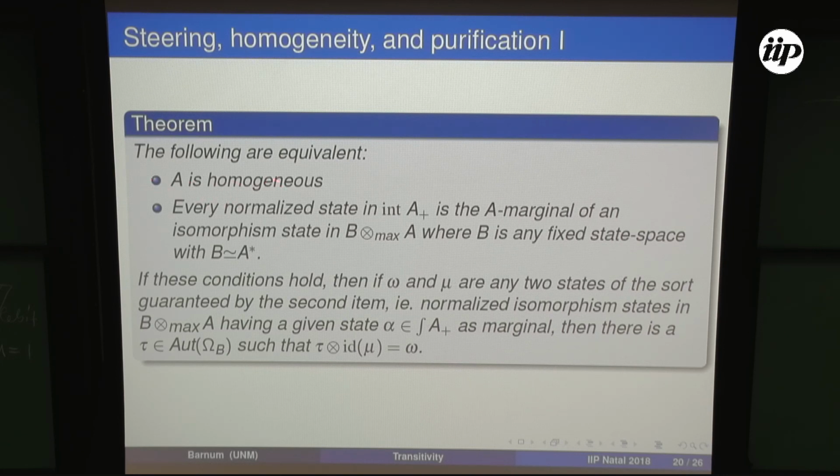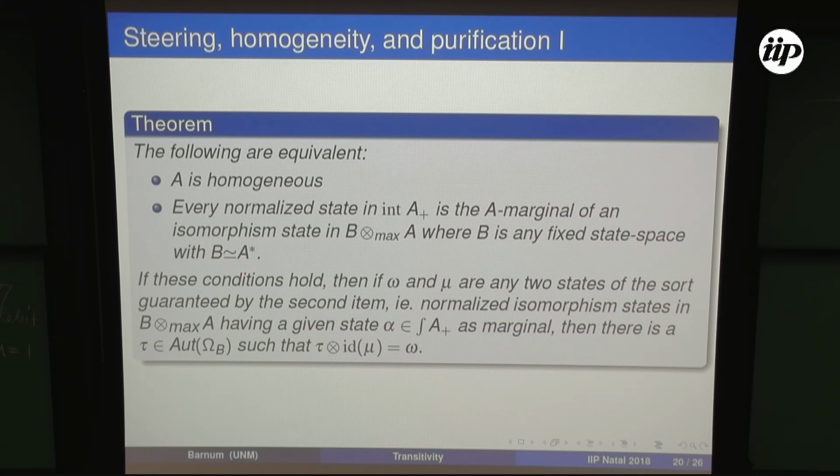So it's equivalent for A to be homogeneous, or for every normalized state in the interior of the positive cone to be the A marginal of an isomorphism state in the maximal tensor product, where B is any fixed state space that's isomorphic. So this should be B plus is isomorphic to A star plus.